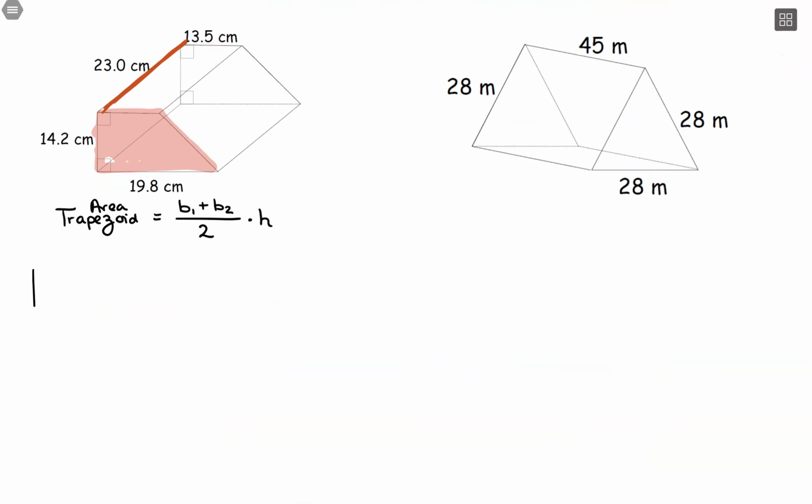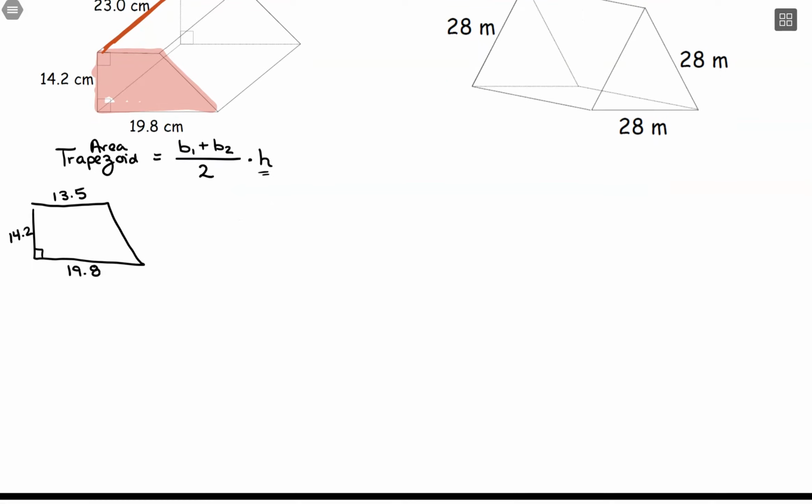With this, I'm just thinking in terms of the two-dimensional figure that we're seeing here. So we see this 14.2, which since we have that 90 degree, that's going to match up with the height in our formula. And then we have 19.8 is one of the bases. And then the other base is coming through up here. Notice the number isn't marked there, but it lines up with that 13.5.